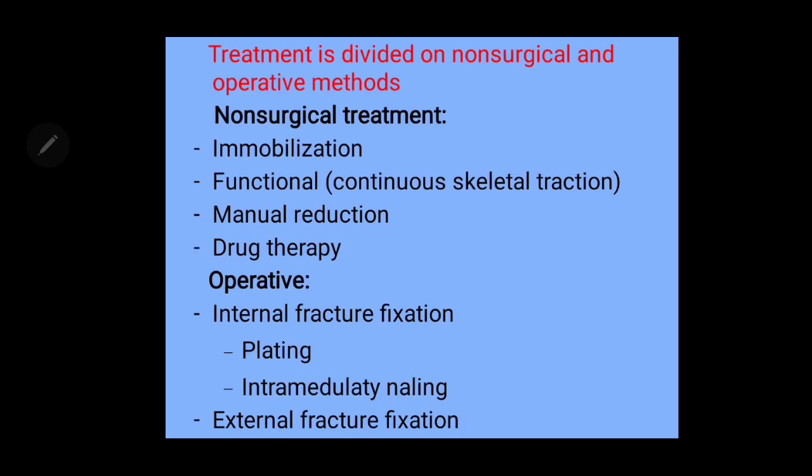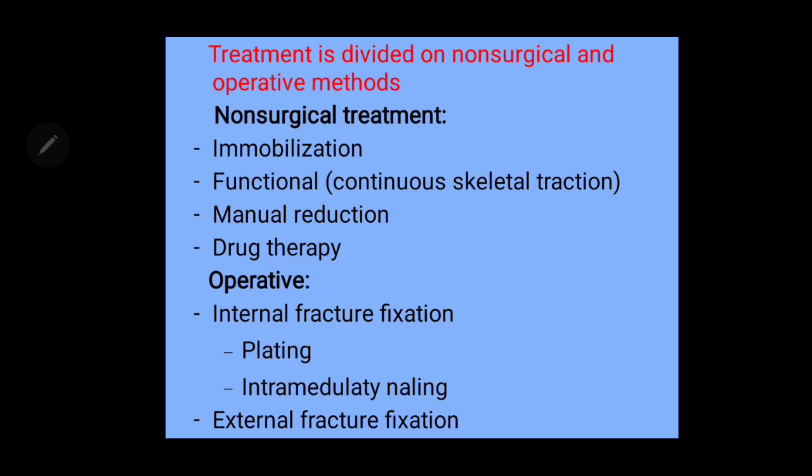So let's talk about main non-surgical and surgical ways to treat a fracture. So as you see, for non-surgical treatment, we're talking mostly about different types of immobilization. Very important is a functional treatment with a continuous skeletal traction.